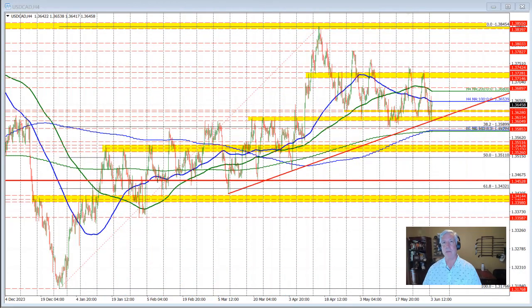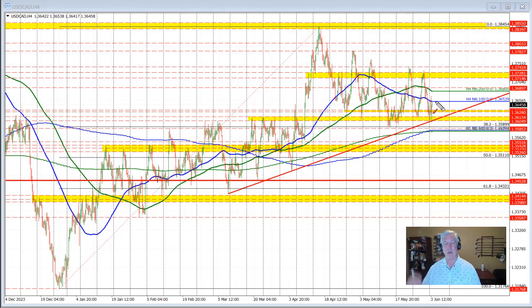So let's get started. The key event this week coming out of Canada, actually, is the Canadian interest rate decision that's going to take place on Wednesday, and the Bank of Canada is looking toward easing credit conditions first since 2023. So that may be a contributor to the Canadian dollar's weakness in trading here today.